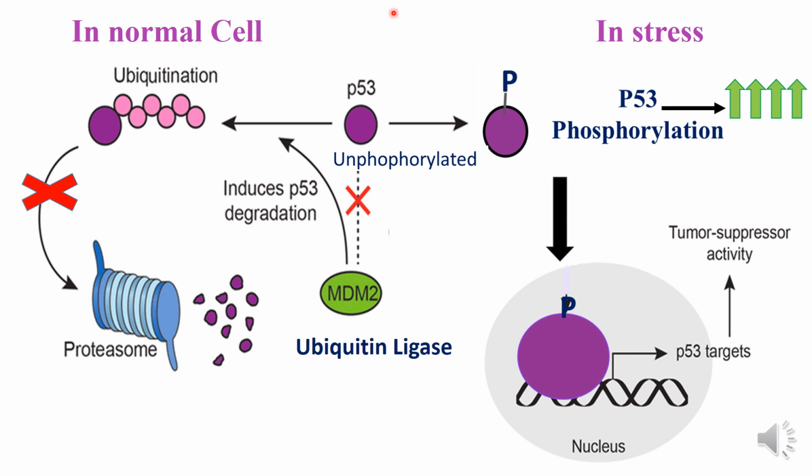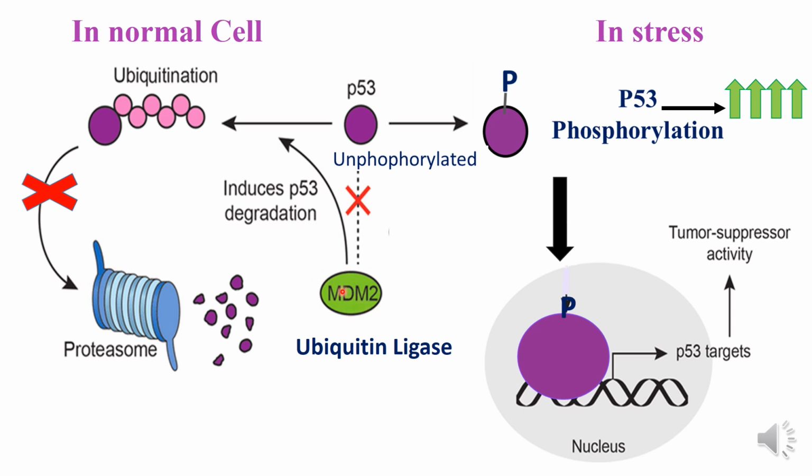Let us see how the P53 protein acts as a guardian. Now, whenever there is a normal cell, the P53 feedback regulation for its activity exists. Increased P53 induces another gene which makes MDM2 protein.